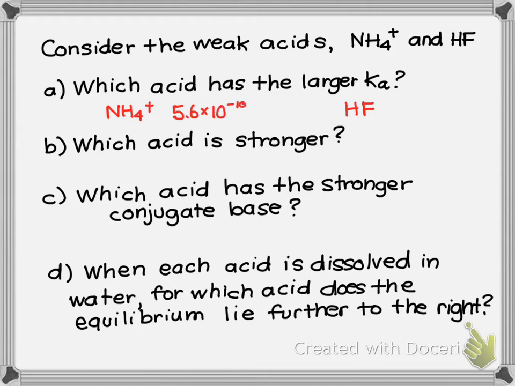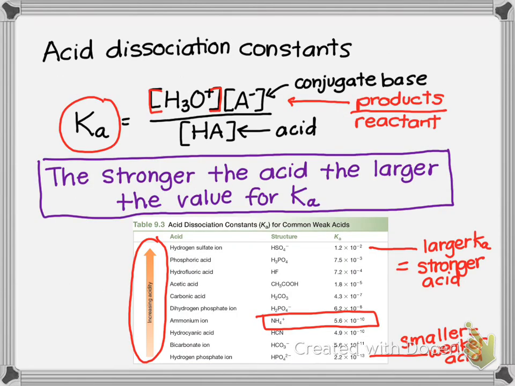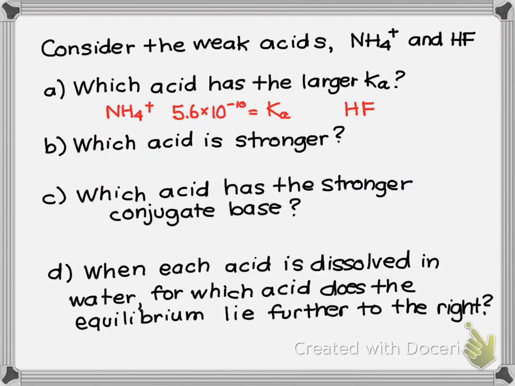That's its Ka value. And then let's find HF. HF is right here. We don't memorize Ka values for our point. 7.2 times 10 to the negative 4. That's its Ka. So the first question says, which acid has the larger Ka?